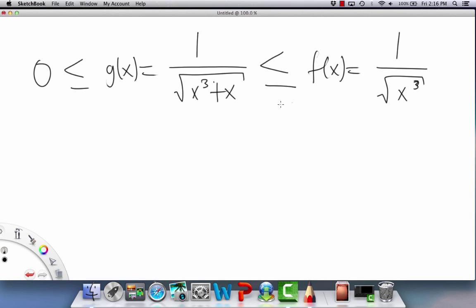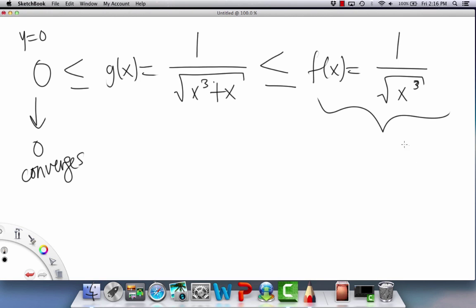Okay, so y equals 0 is always going to converge automatically to 0, so that's kind of a given, all right? So the left side's taken care of, and then the right side over here, this converges, yes, yay, okay.